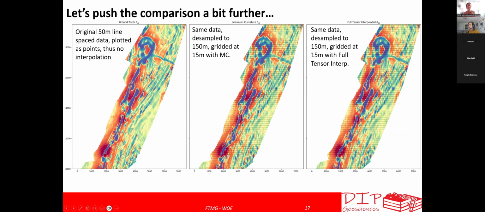Of course, I'm going to get lots of aliasing because I'm going to 1/10 of the line spacing. This is the result of minimum curvature, and this is the result we got with full tensor interpolation, using Intrepid. Both of them are suffering; they're not able to resolve those trends fully.